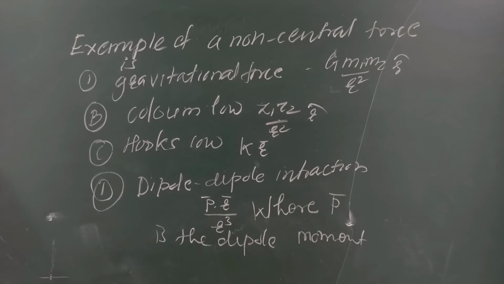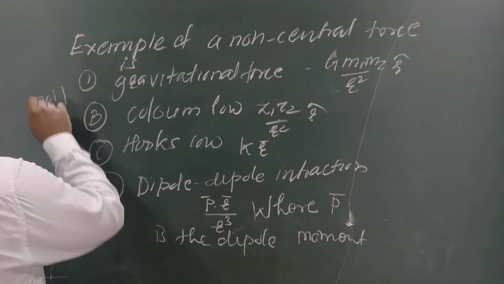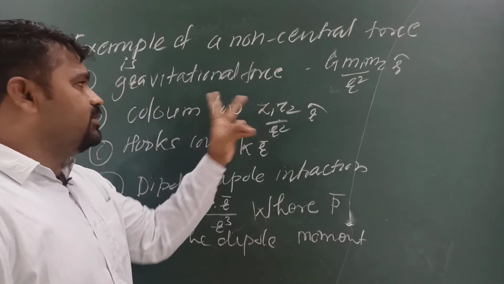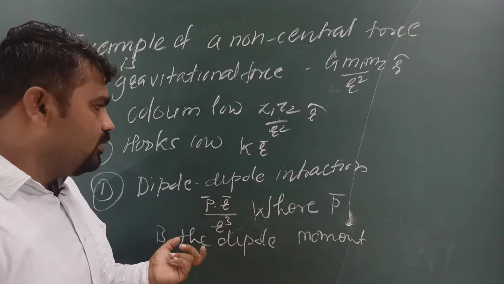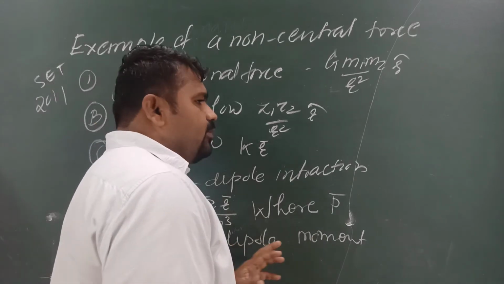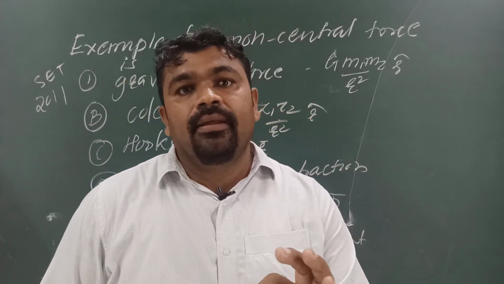Next problem. Example of a non-central force is, this is also a 2011 question. 2011 set question. Okay. Example of non-central force is gravitational force, Coulomb force, Hooke's law, and dipole-dipole interaction. Out of these four, we know that two forces are definitely central forces.